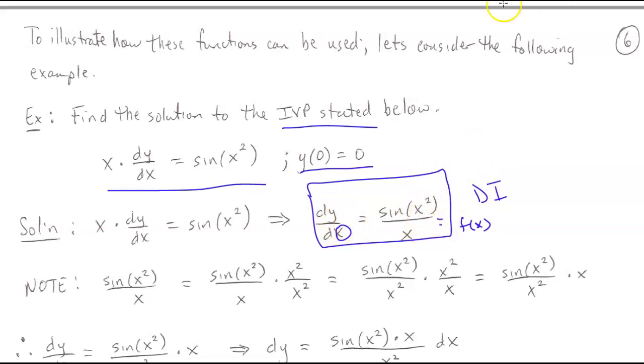The issue here is that although it's directly integrable, it is not that easy to take the antiderivative of sine of x squared over x. Okay. At first glance, what we would probably think to do is to say, all right, well, I want to use the substitution rule. Okay.